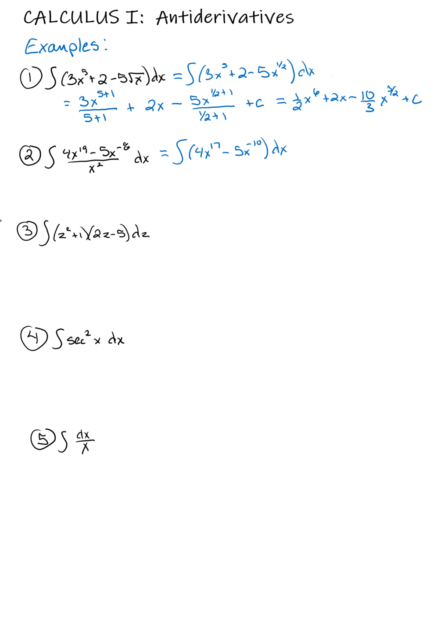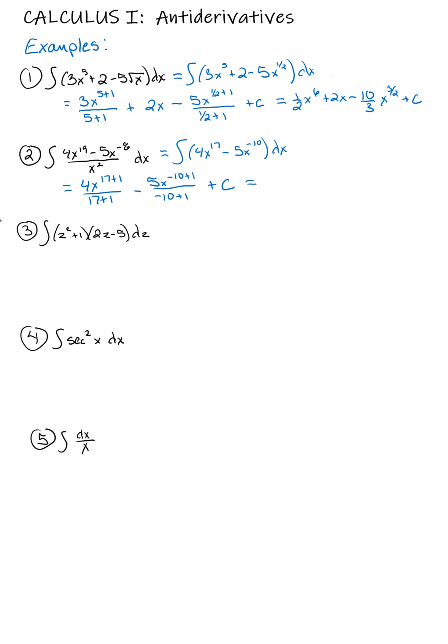And now again, we're going to basically use the opposite of the power rule. So we end up with 4x to the 17 plus 1 over 17 plus 1 minus 5x to the negative 10 plus 1 over negative 10 plus 1. Don't forget about that arbitrary constant out there. Antiderivative of 0 is a constant, so we've got that plus c.